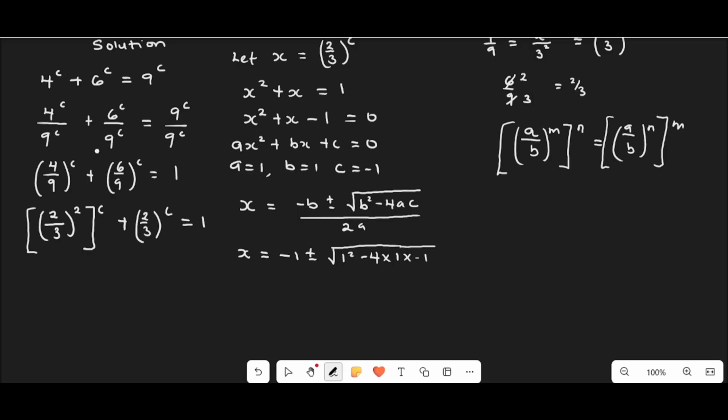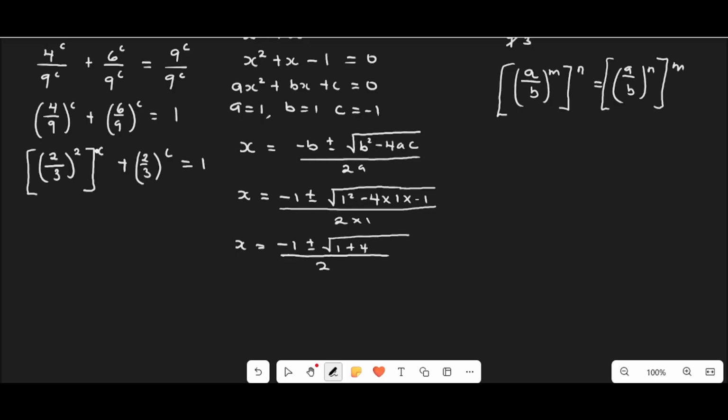Our c is -1 over 2 multiplied by 1. So our x equal to -1 plus or minus 1 squared will give us 1. We have 1 minus 4 times 1. We have -4. -4 times -1. We have +4. +4 over 2.